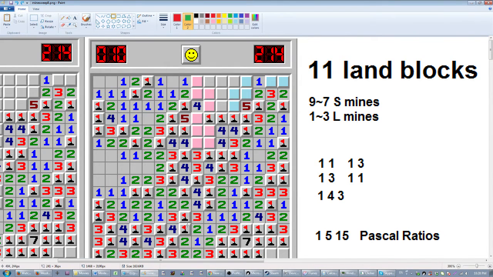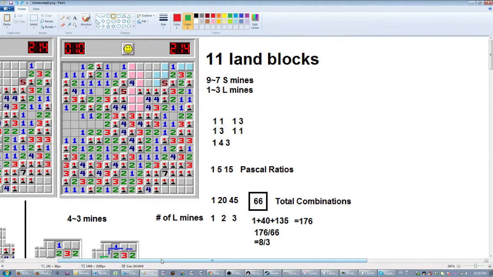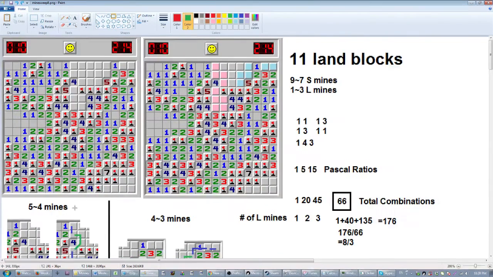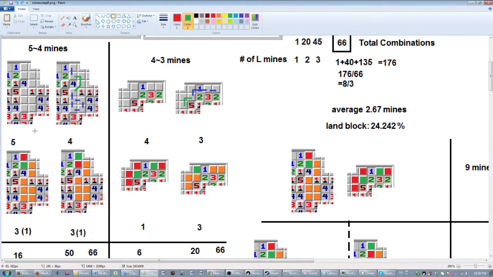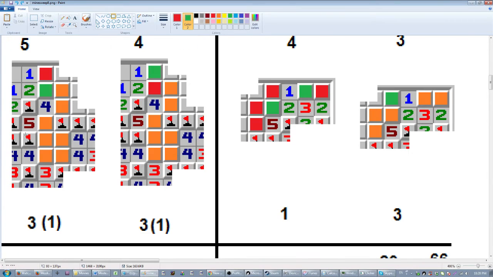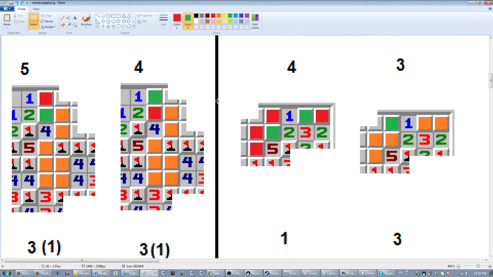So first thing I want to do, there's a simple thing that I can do, but I'm just gonna go with the complex part first. So for each mine amount here, 5 and 4, and for the right side 4 and 3, I find how many combinations there are for that. To figure that out, I found what condition needs to be met for there to be 5 mines or 4 mines.